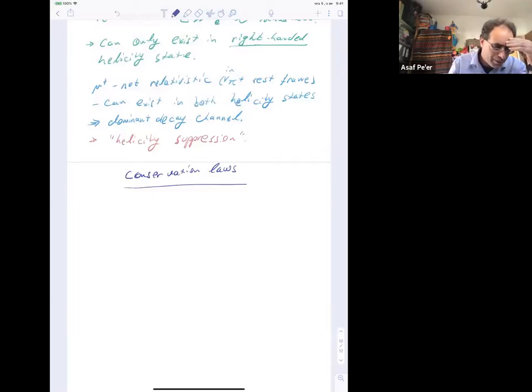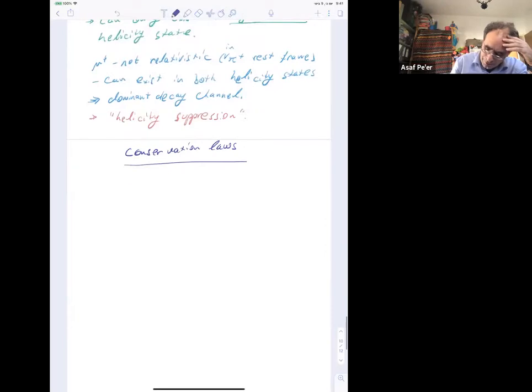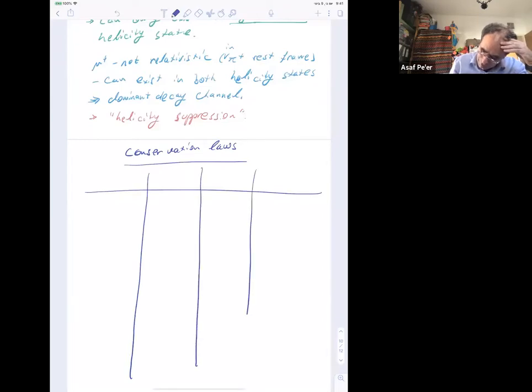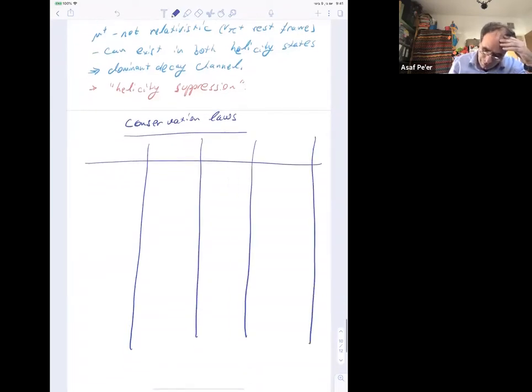So we had several symmetries. Let's make a table. It's going to be a very good table. We spoke about the strong, the electromagnetic, the neutral weak, and the charged weak.